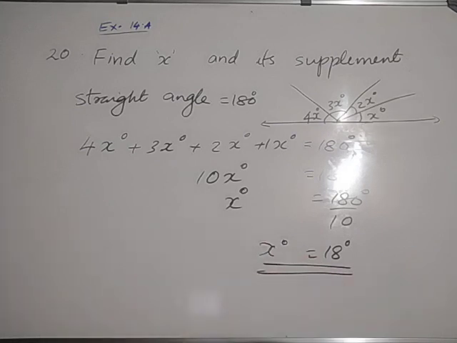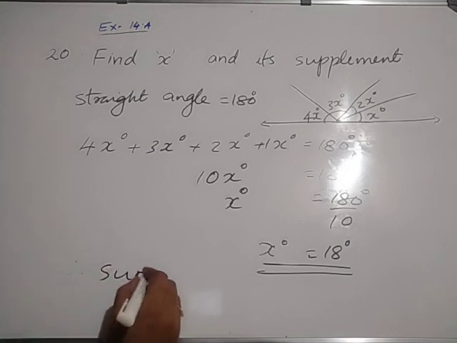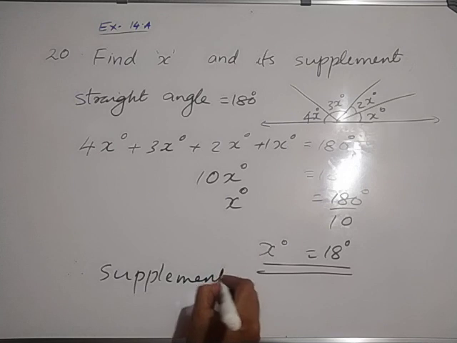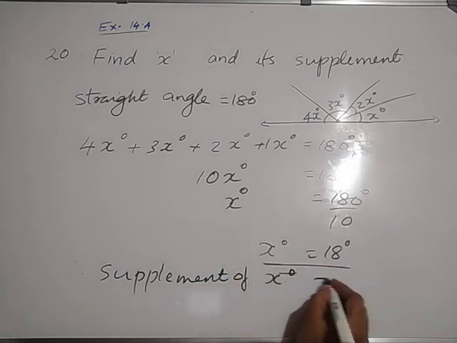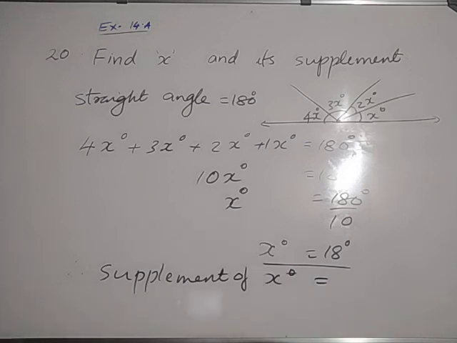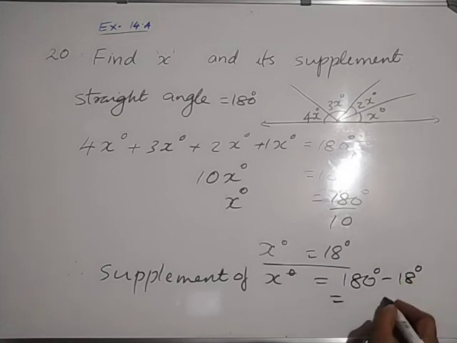This is the first part of the question and its supplement also. Supplement of x degrees is equal to, how can we obtain the supplement? Yes, 180 minus 18, 162 degrees. Understood?